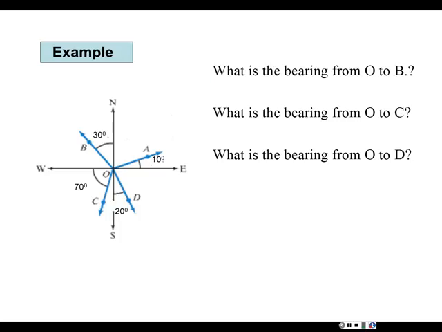Your B is here. Look at the B, which is creating 30 degrees with north. Look at the C, which is creating 70 degrees with the west side. And the last one is D, which is creating 20 degrees with the south side. Now let's see whether we can define it in terms of bearing.